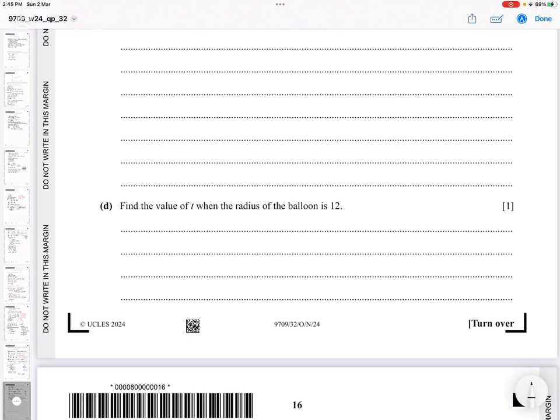In part D, find the value of t when the radius of the balloon is 12. So this is a simple 1 mark question.